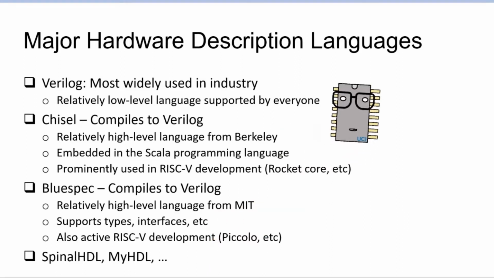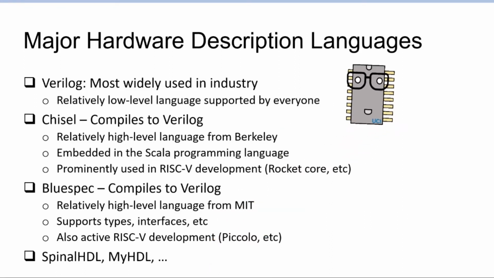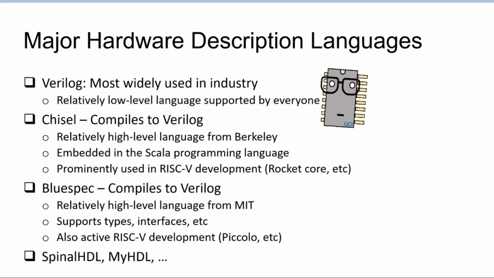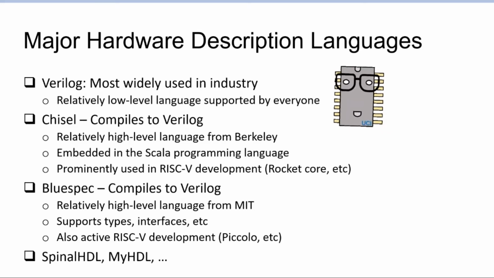So in these two categories, the most widely used, I shouldn't say most widely used because there's a lot of personal belief going into this listing. But if I want to list out some hardware description languages, they include Verilog. I'm sure a lot of you already experienced Verilog at undergrad level or such. This is the most widely used hardware description language in industry.